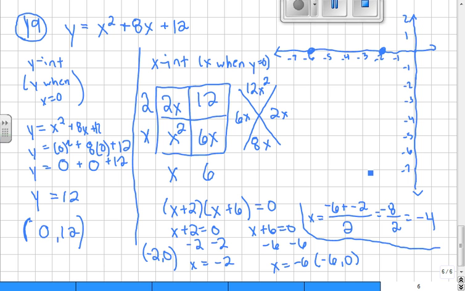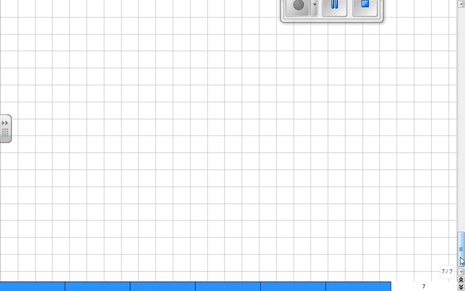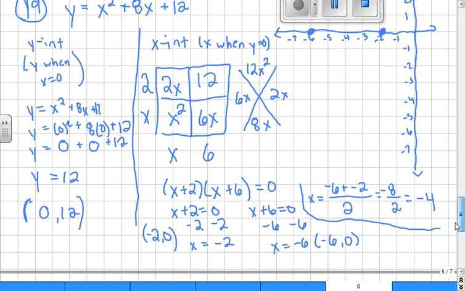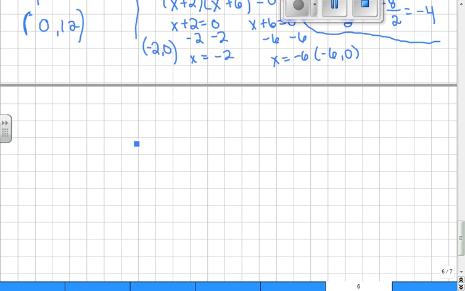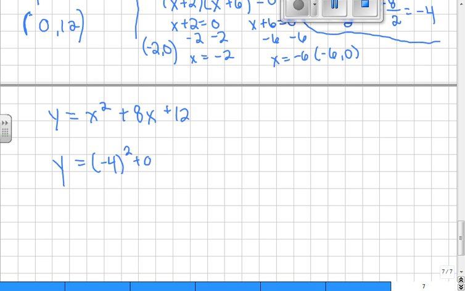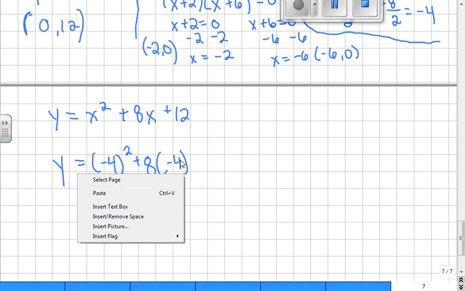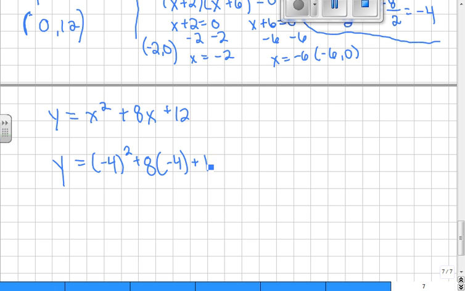But we've got to find out what the y value is going to be. So let's scroll down. Okay, so our equation is y equals x squared plus 8x plus 12. So we know that we care about when x is negative 4. So we're going to plug in negative 4 for x. Every time you see an x, you're going to plug in a negative 4.